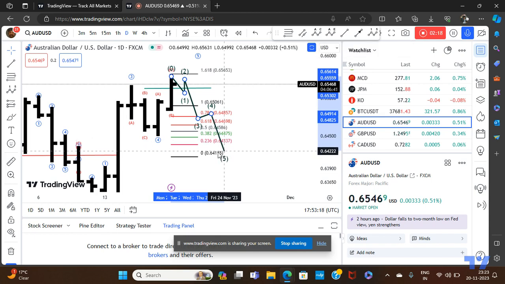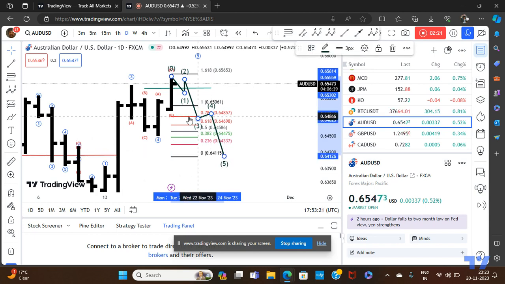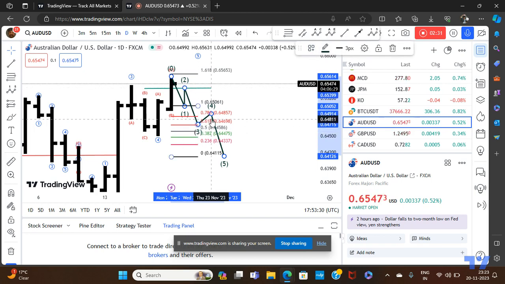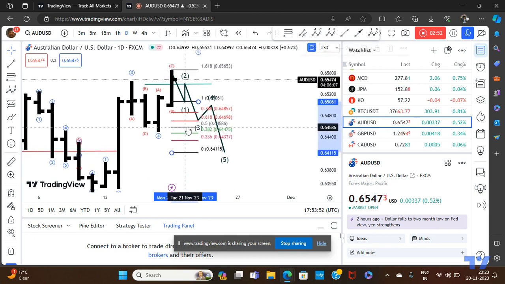So this can go all the way to this point, like this 1, 2, 3, 4, 5. So this is 1.6. So the wave theory says that this wave is equal to this wave or 1.6 ratio.